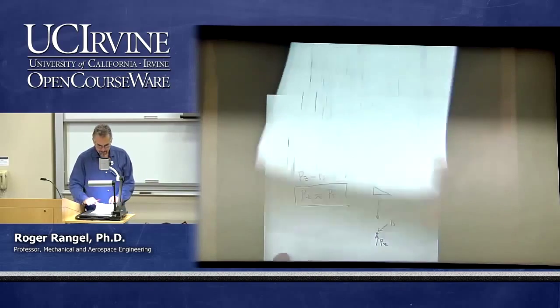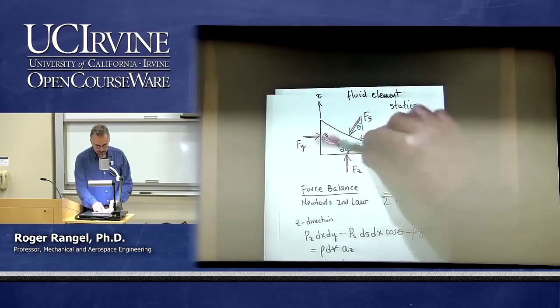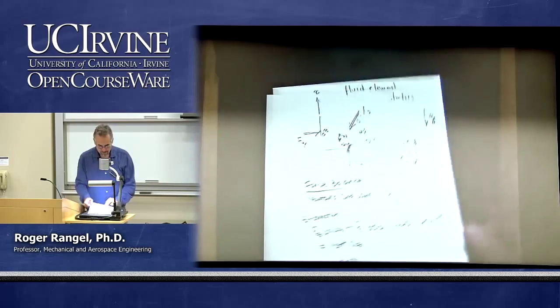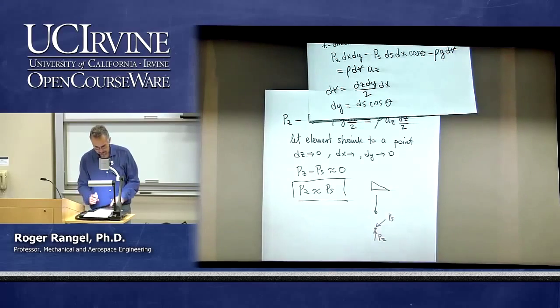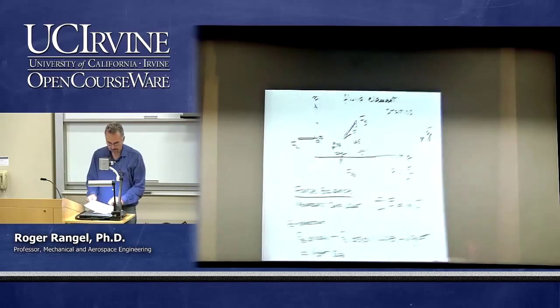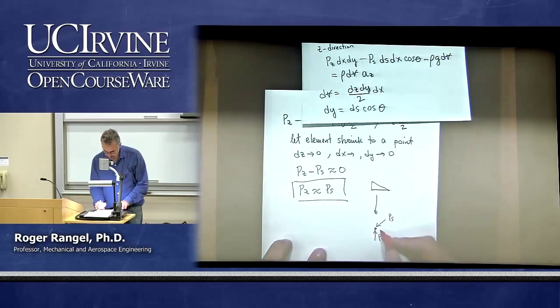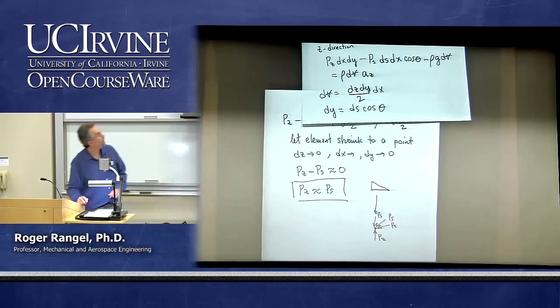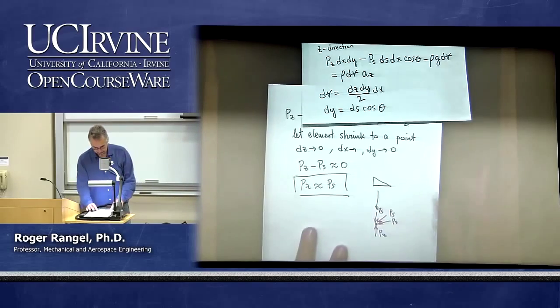And since my angle was arbitrary, this could be any angle, theta, then really what I am saying is it doesn't matter what angle I chose for my wedge, for my element, I would always find that all of these values of the pressure that I would still call PS's would all be the same.